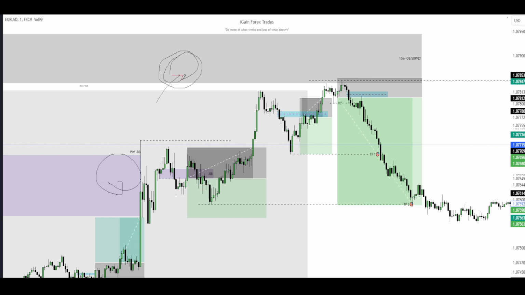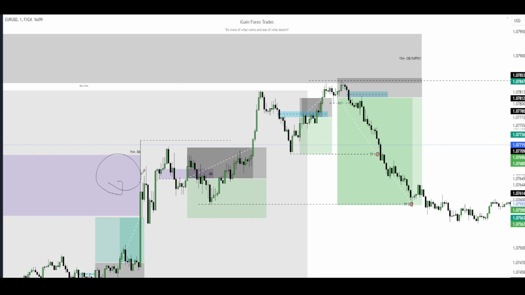So with the help of technical analysis and fundamental analysis, I entered long at this area. Just targeted this small risk reward ratio.